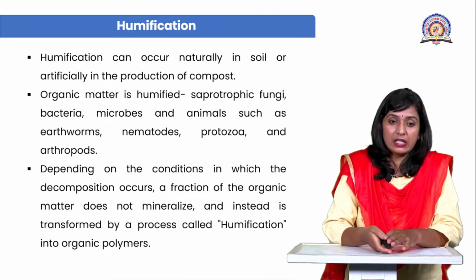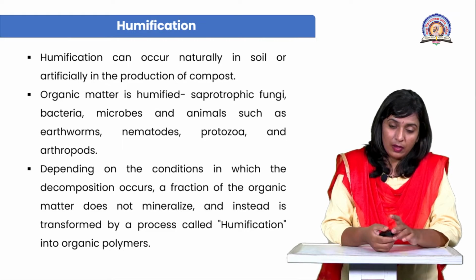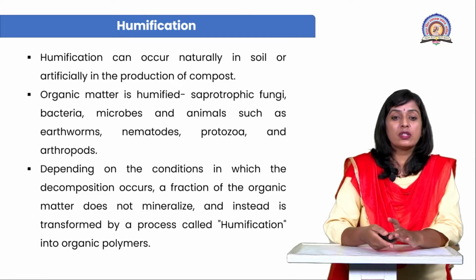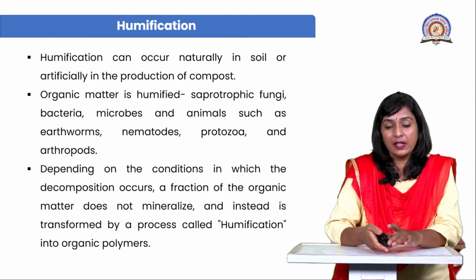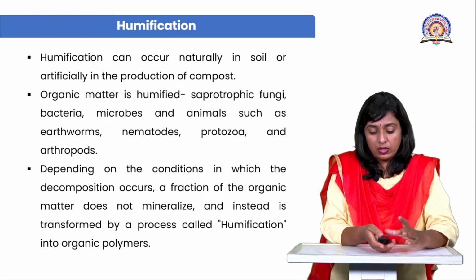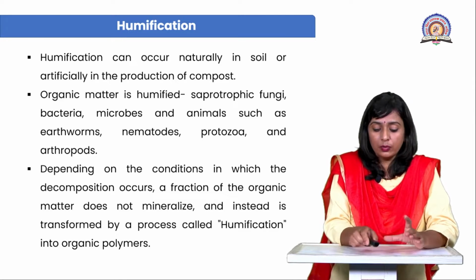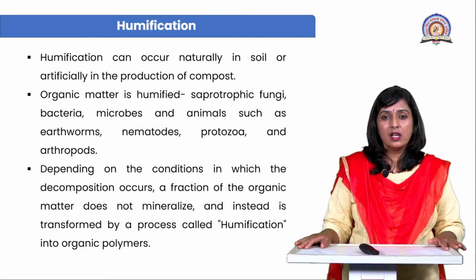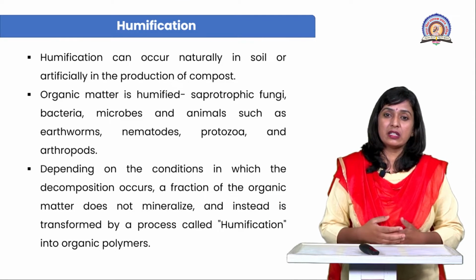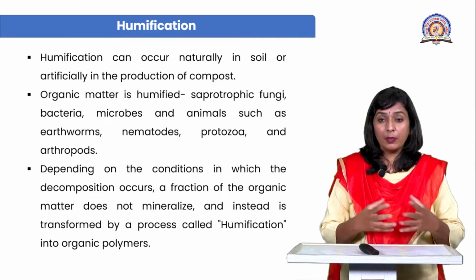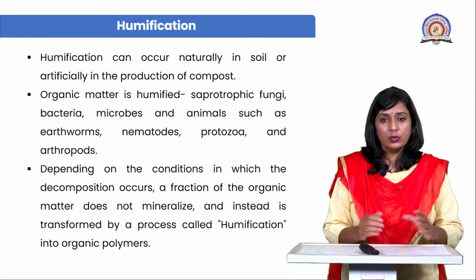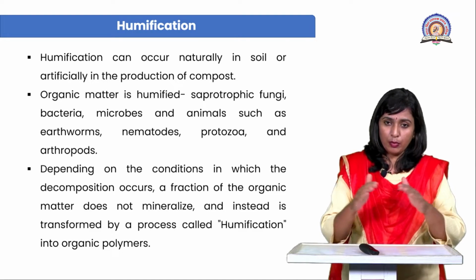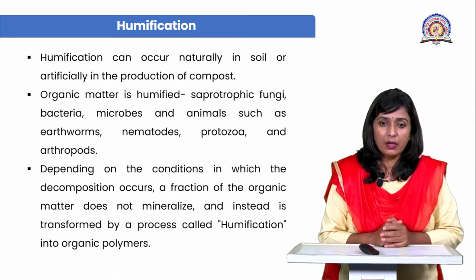Now, humidification can occur naturally in the soil, or artificially it can take place. During the production of compost, whatever vermicompost technology we are running for getting the vermicompost, that is an artificially prepared compost, or an artificially provided house for the worms to carry out the vermicomposting.